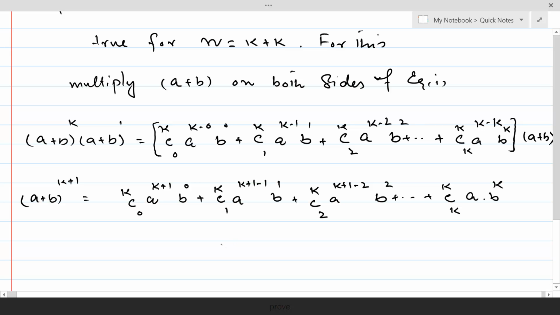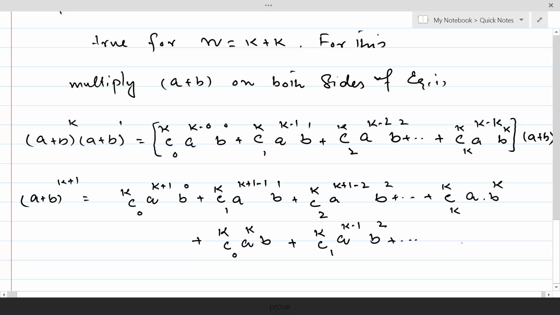So now when we multiply by b, this will become plus kC0 a^k b, plus here kC1 a^(k minus 1) b^2, plus so on.